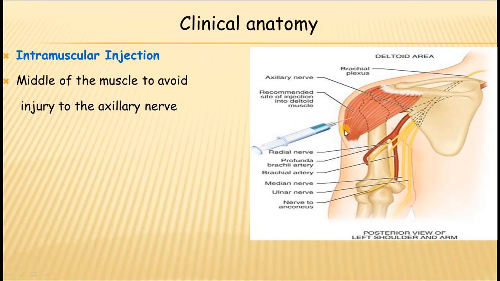So this is the common site of intramuscular injections, the deltoid muscle, because other than that no other important structures are present in that region. So deltoid muscle is mainly for intramuscular injections.